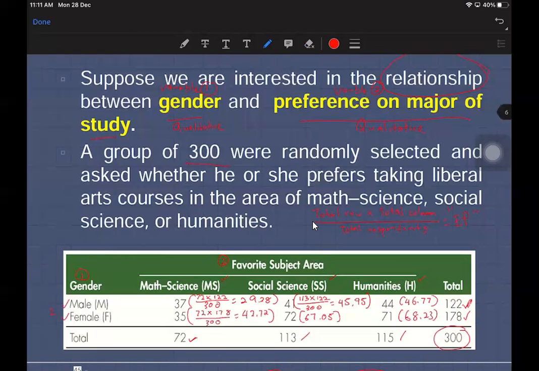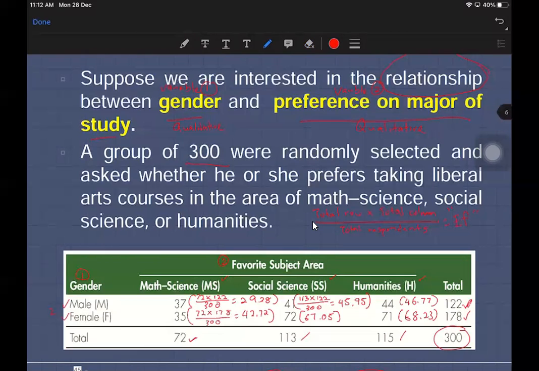Okay, now just to double check. So we total up all the expected value. Kita jumlahkan semua expected value, we total up. So the first one is 29.28 plus 42.72 plus 45.95 plus 67.05 plus 46.77 plus 68.23.